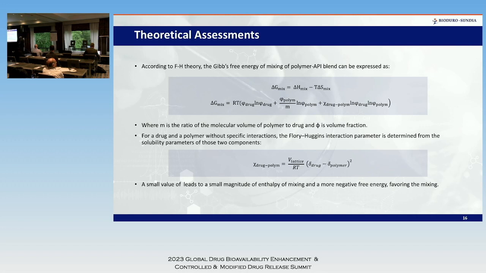So what we are doing here, we are reversing the roles between the drug, which is the solute in here, and the polymer, which is the solvent. So if we solve this equation based on the chi that can be calculated, we can find where the Gibbs free energy is minimized, and that's the maximum concentration of drug that is going to saturate your polymer.